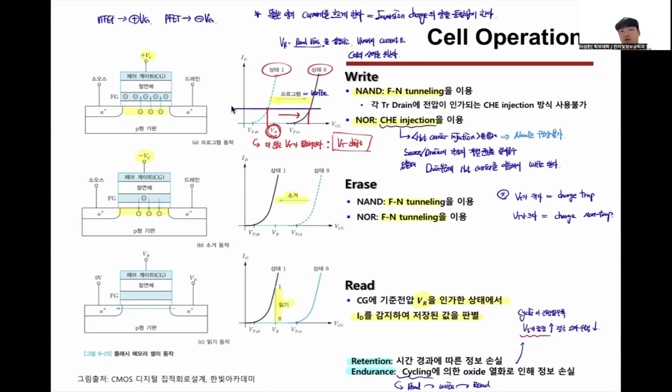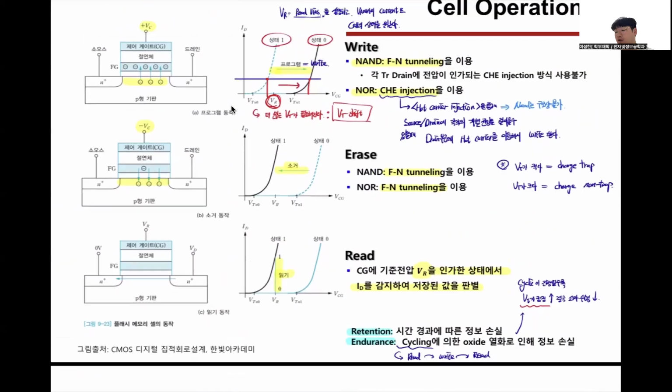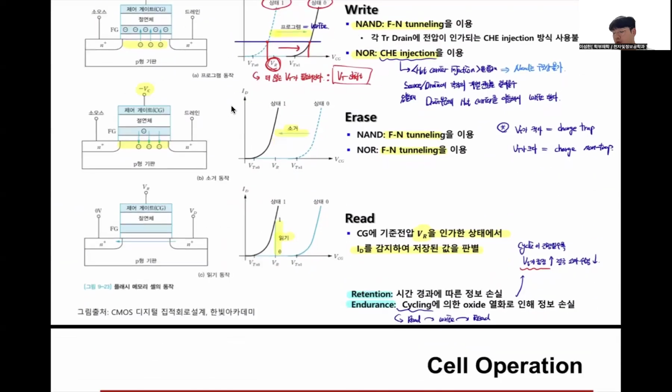You can see this state has charges, which means it is written. If they're not written, in the read bias there is a much lower drain current. So this is how we read the cell operation.